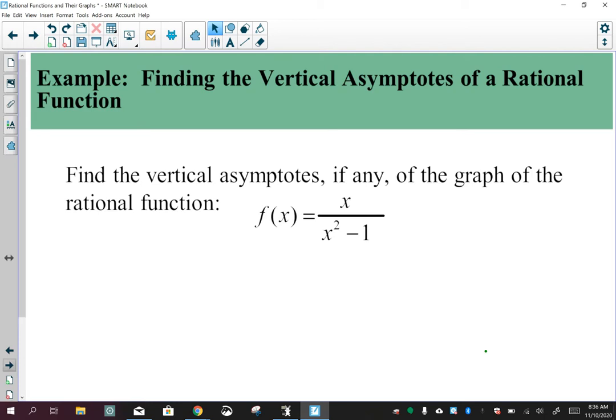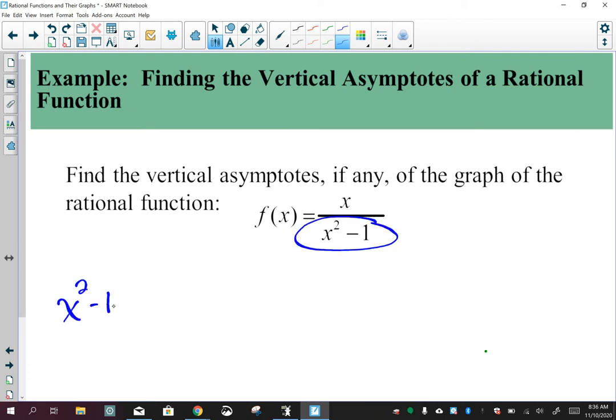So find the vertical asymptotes, if any, of the graph of this rational function. What we're going to do is only focus on the denominator right now. So we're going to say x squared minus 1 is equal to 0. We have x squared is equal to 1. So x is equal to plus or minus 1.